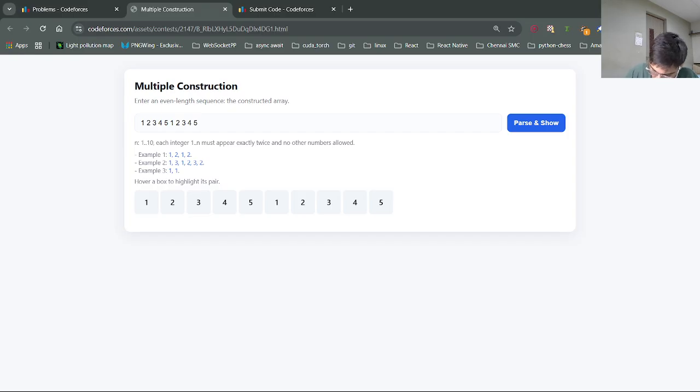Okay, let's start with 5. 1, 2, 3, 4, 5, 6, 7, 8, 9, 10, 11, 12, 13, 14. So if I start with 7, 1, 2, 3, 4, 5, 6, 7, and then if I want to make 6, I'll leave 1 and I'll do 6. 1, 2, 3, 4, 5, 6. Let's do 5. 1, 2, 3, 5.